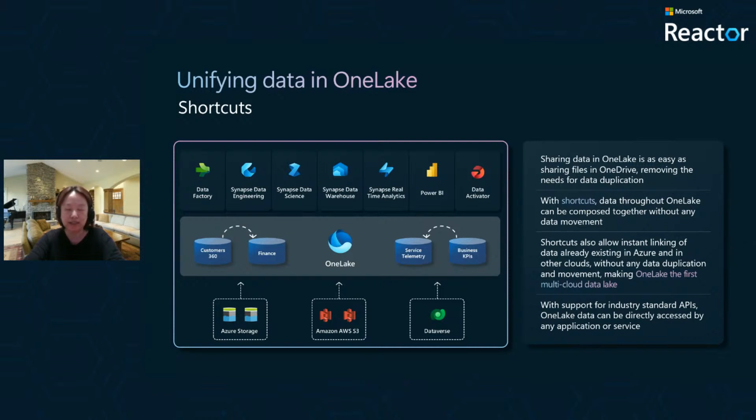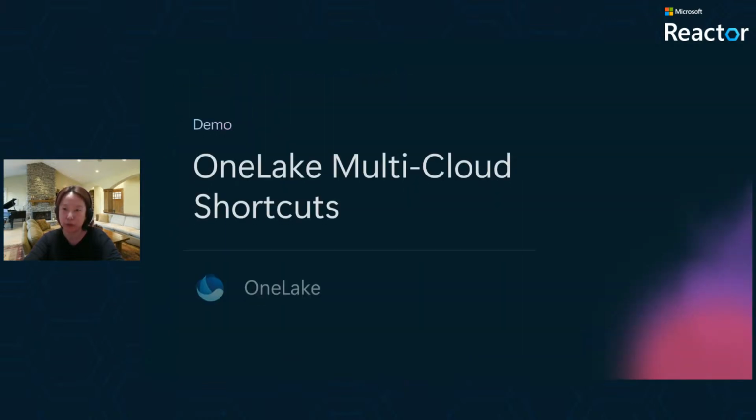So once the data is shortcut into OneLake, it can be easily consumed by data engineering, data scientists, different reporting, Power BI reporting, etc., through the typical ways as if the data were just sitting inside OneLake. Next, I'd like to show you a demo on how to create shortcuts in Fabric OneLake and also how to consume this.